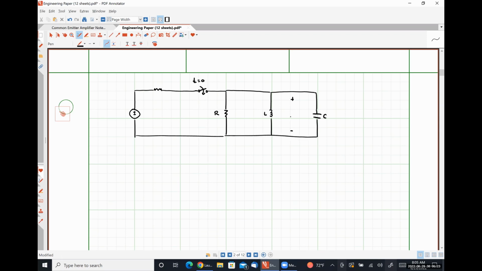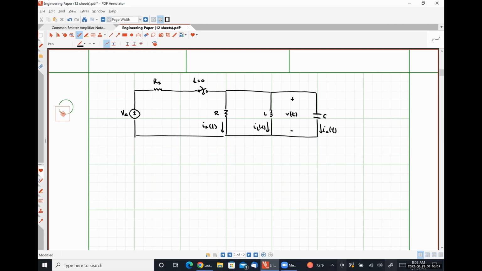We consider our voltage across our parallel RLC circuit to be V of t, with this current IC of t, this current IL of t, and this current IR of t. Let's just call this VS and RS for the time being.